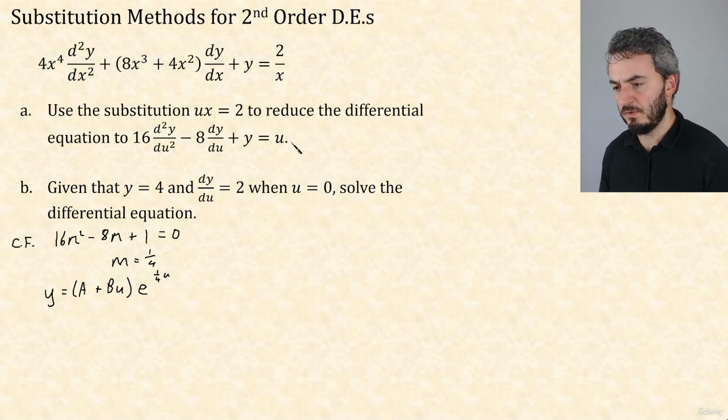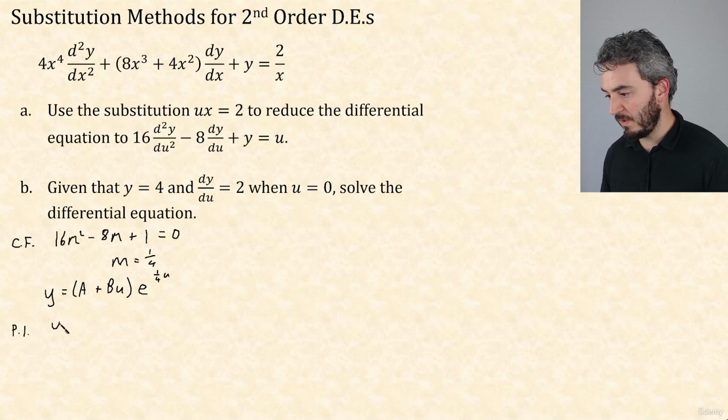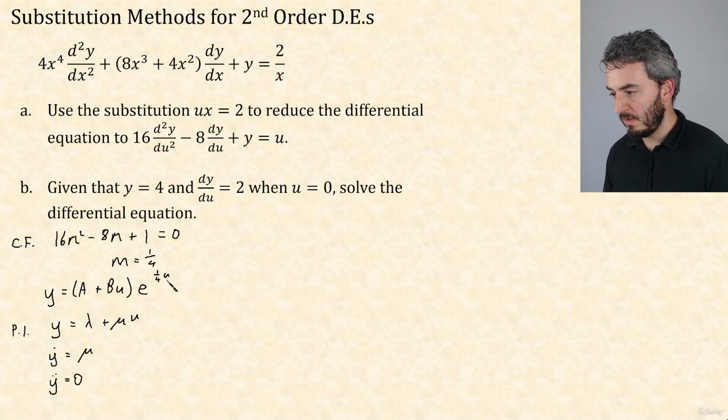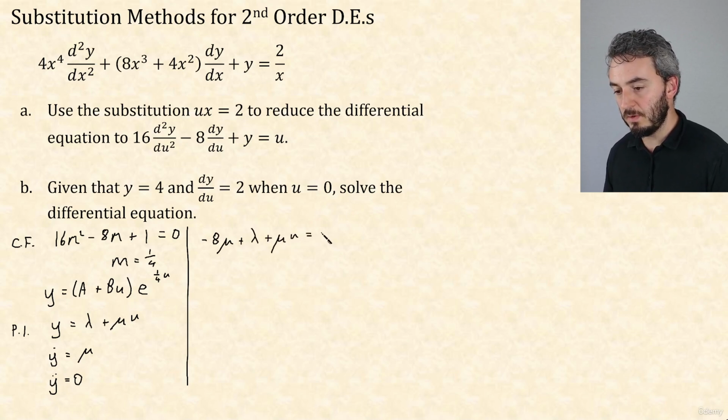Let's find our particular integral. We've got a linear term here, which means my guess is going to be y equals lambda plus mu u. Y dash, so y dotted, the derivative is mu, and double dotted is 0. So subbing that in here, we've got 16 lots of 0, and we've got minus 8 lots of mu plus y, which is lambda plus mu u, needs to equal u.